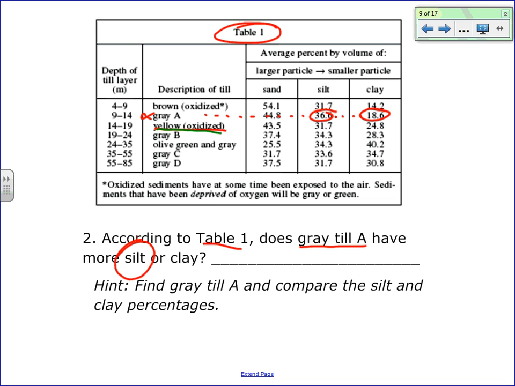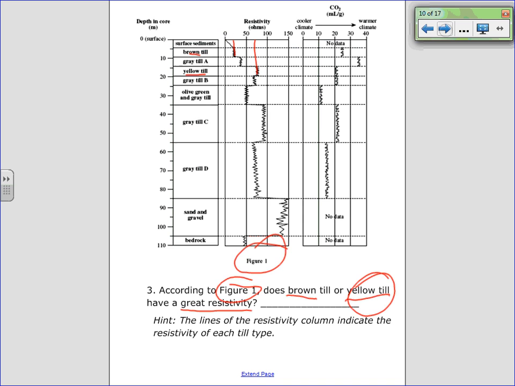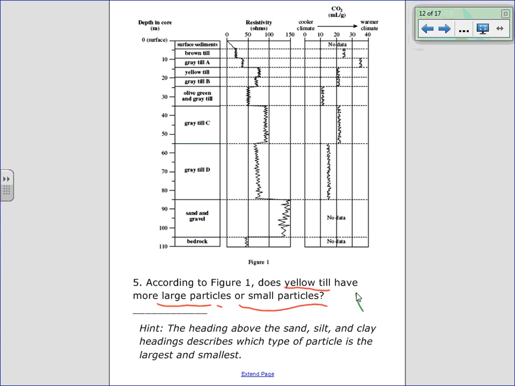Right, so yellow's here. Large particles are on this side. Smaller particles are on this side. So which is the largest one? Sand. Which is the smallest one? Clay. So yellow till has 43.5 sand, 24.8 clay. It has more of the larger particle.